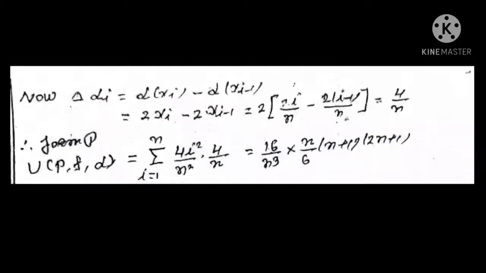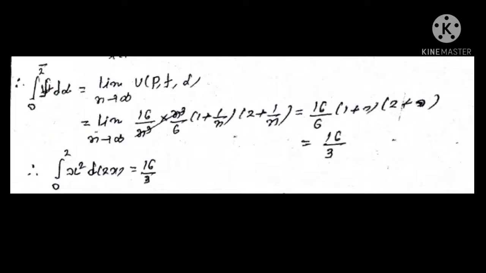Now the upper integral is equal to limit n tends to infinity of the upper sum of f with respect to P and alpha, which is equal to limit n tends to infinity of 16 upon n cube into n cube upon 6 into (1 plus 1 upon n) into (2 plus 1 upon n), which is equal to 16 upon 6 into (1 plus 0) into (2 plus 0), which is equal to 16 upon 3.